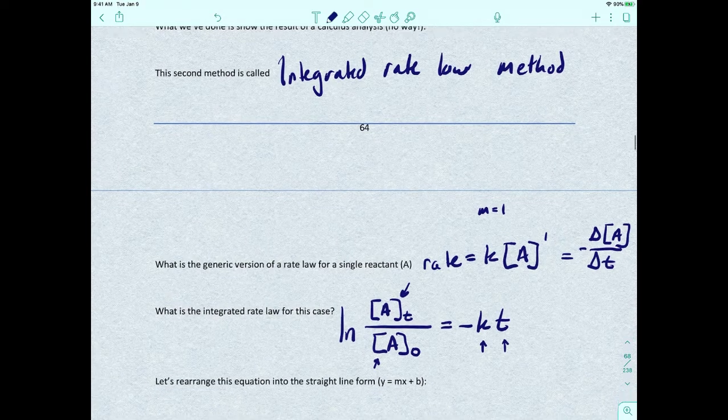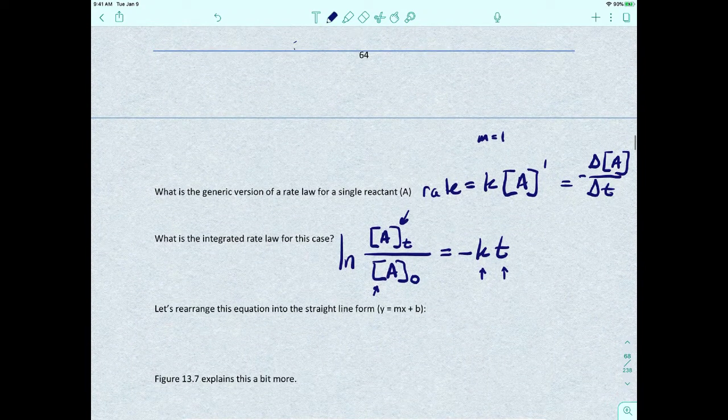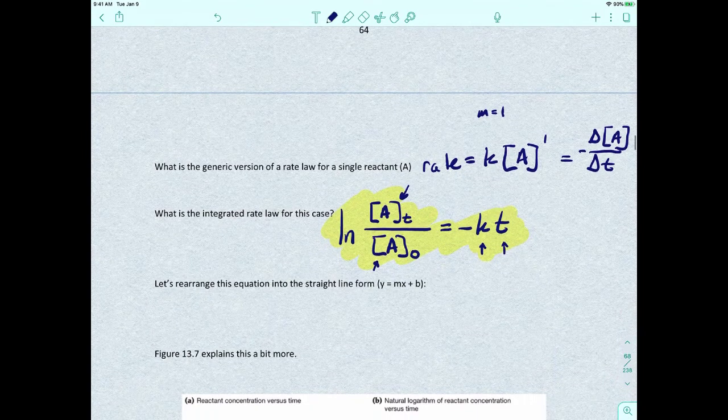Now, what's really cool is that you can take this equation, and by the way, this is a really, really important equation. It's so important, I'm going to highlight this, and I haven't yet done that in this course, so you can tell that this is a really important equation. If I was to rearrange this equation into a straight line form, like y equals mx plus b, the equation would look like this.